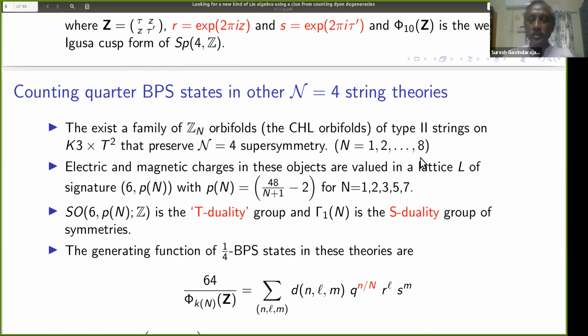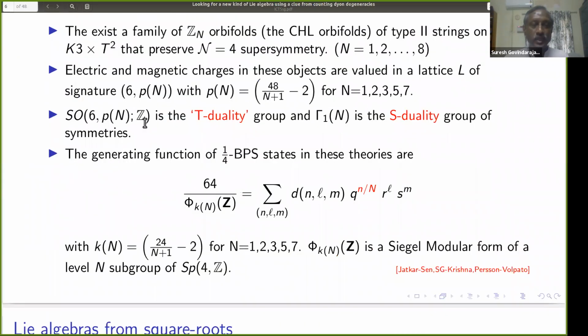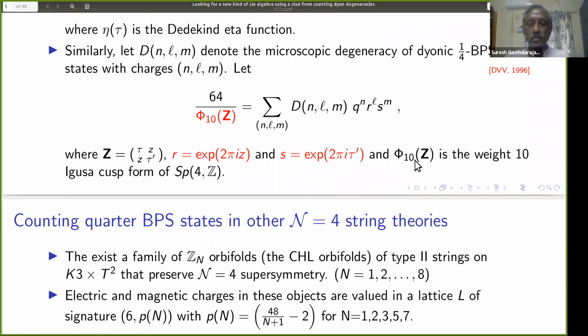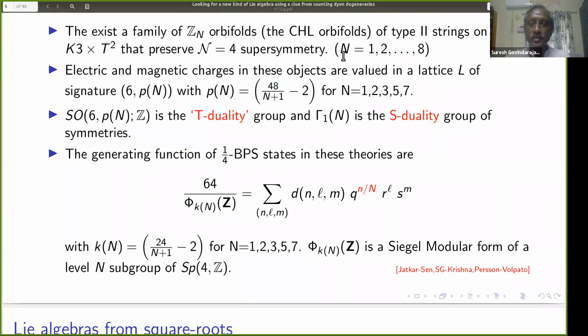And it says that the order fixes some property of it. Okay, so this p(N), I'm just giving it for prime cases, but we know the answers for everything. Okay, so SO(6, p(N); Z) is the T-duality group and Γ1(N). So the S-duality group also reduces to a subgroup of SL(2,Z), level N. So this N is the same as out here.